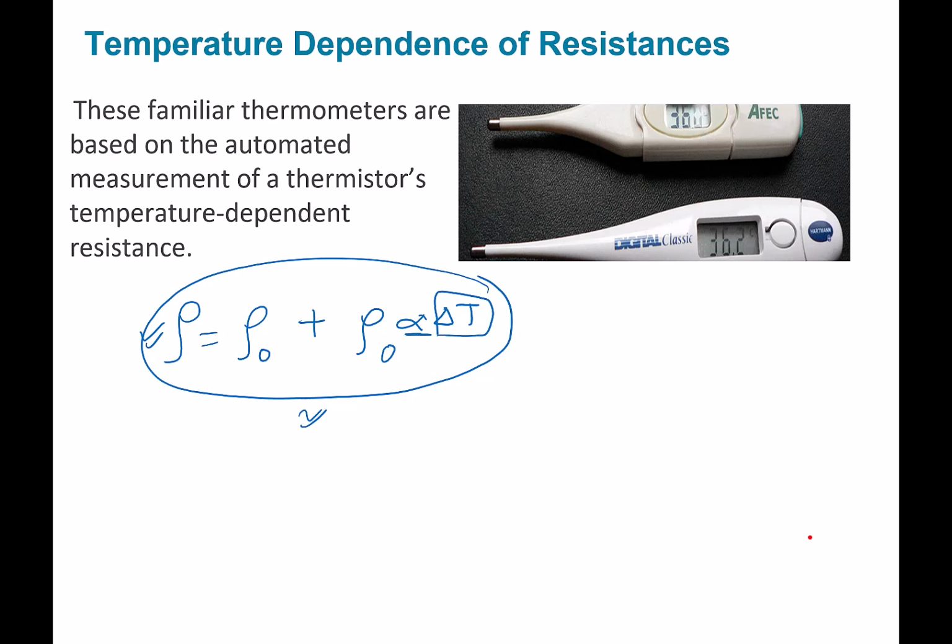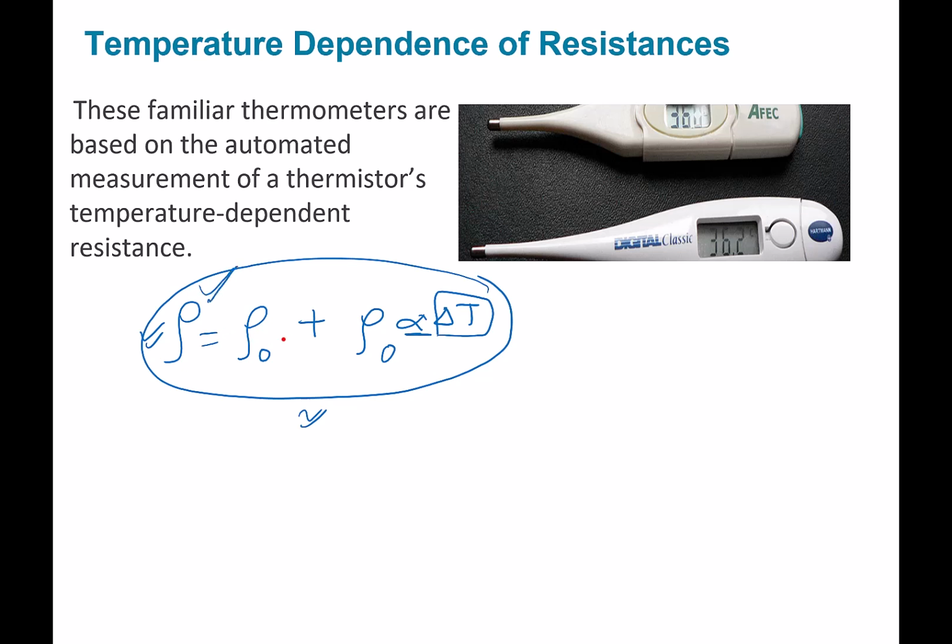In the same way, the next slide talks about the temperature dependence of resistance and resistivity. These familiar thermometers that you use at home are basically thermistors, and they are dependent on the temperature.